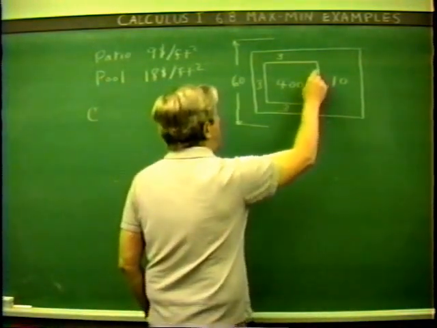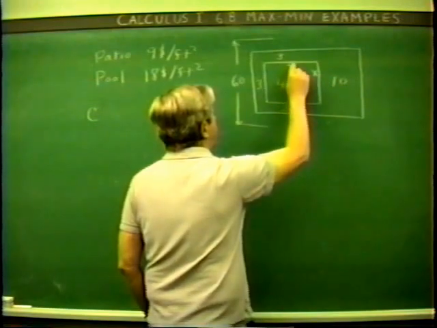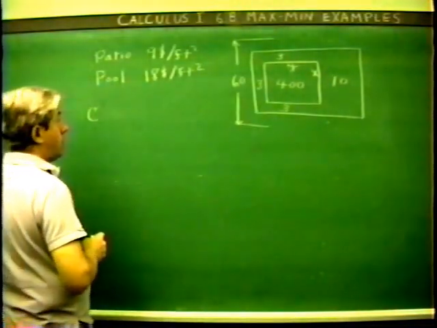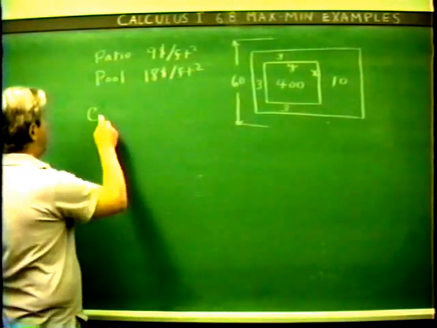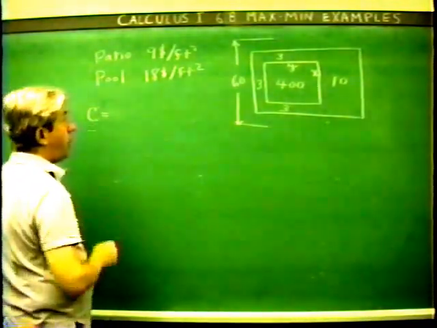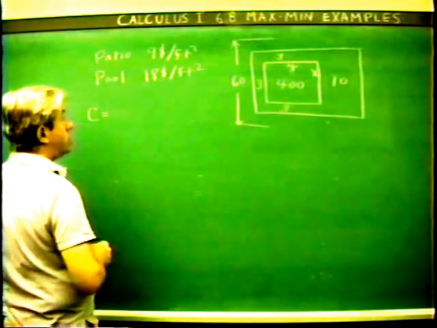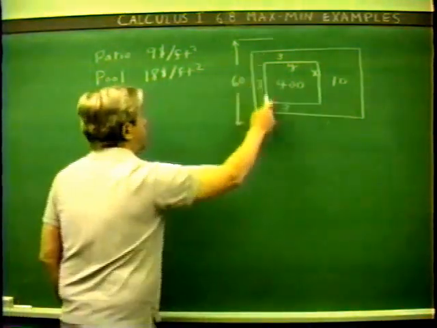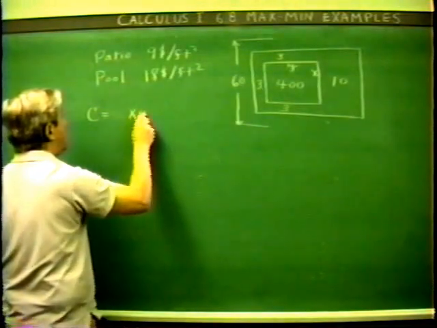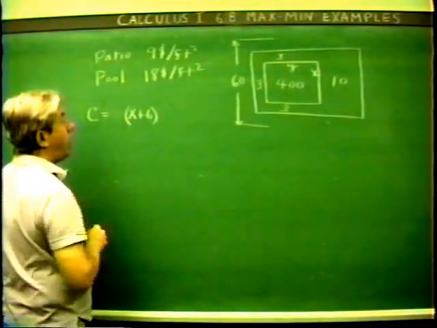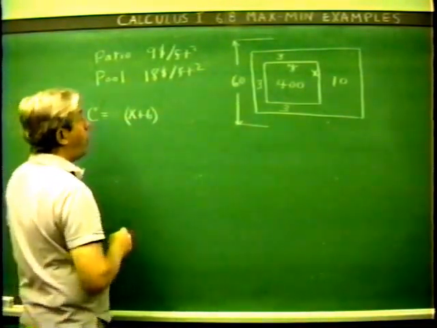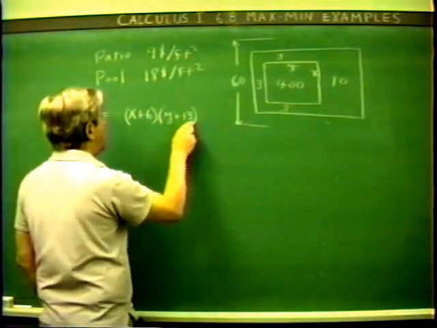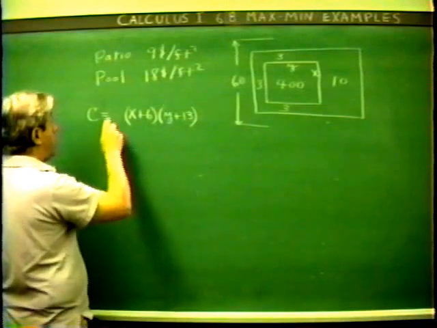Right. The cost then, if this side here is x, and this side here is y, the cost is going to involve the patio. And the patio is going to have for its dimensions x plus 6 and y plus 13.